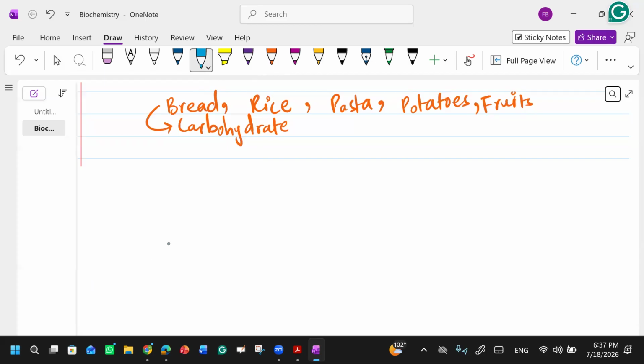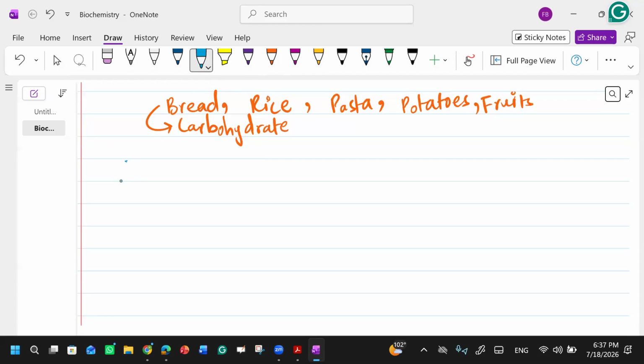Carbohydrates. Yeah, they take pasta. You can search it as well, that athletes often eat pasta before a big game because pasta is a carbohydrate. It gives them instant energy, right?